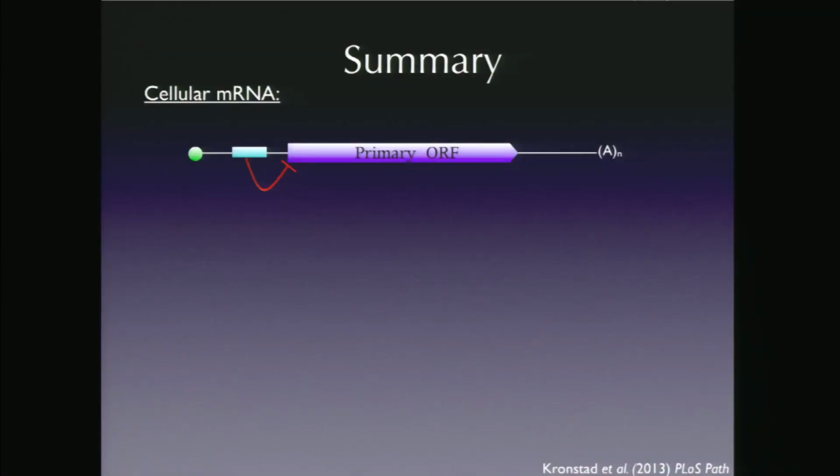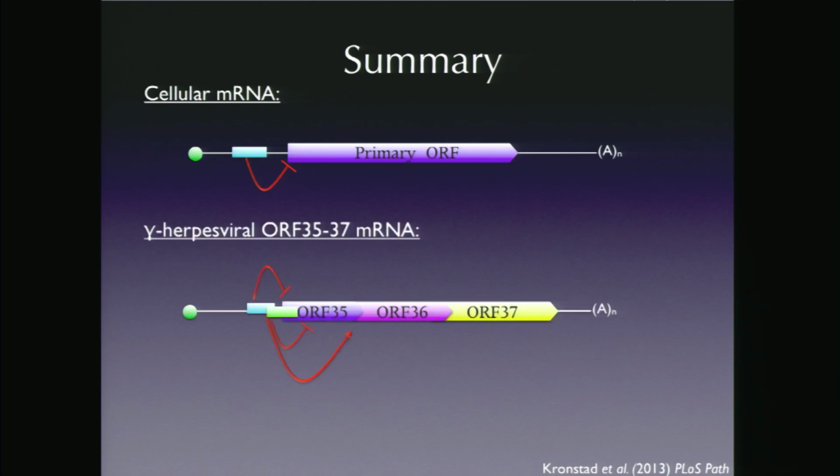initiation machinery. So collectively, our data support a model where KSHV has stolen a pathway from cellular mRNA, normally used to dampen translation of the primary ORF, and repurposed it to allow for the ribosomes to shuttle past the start codon of the 5' gene to allow for the translation of the downstream gene.